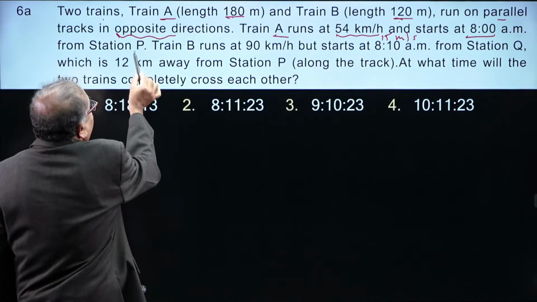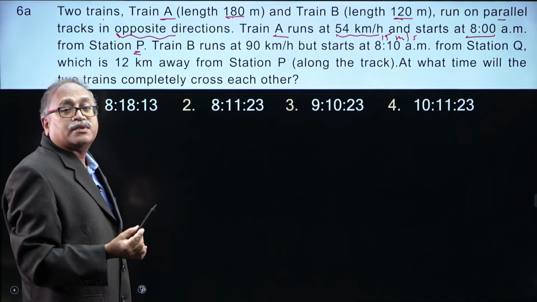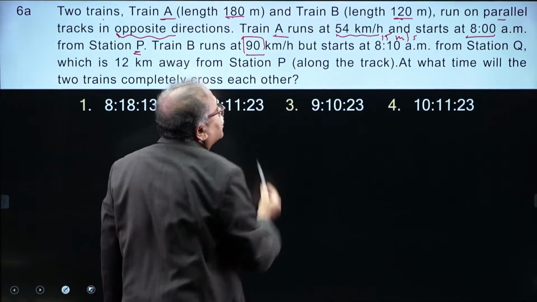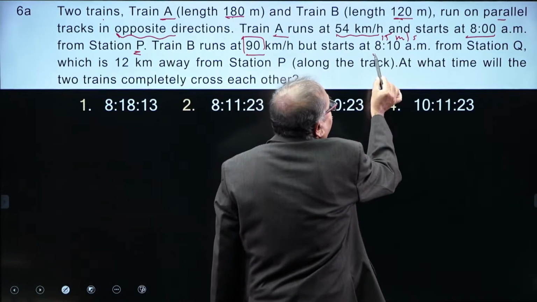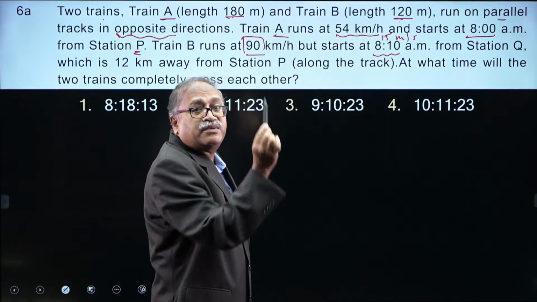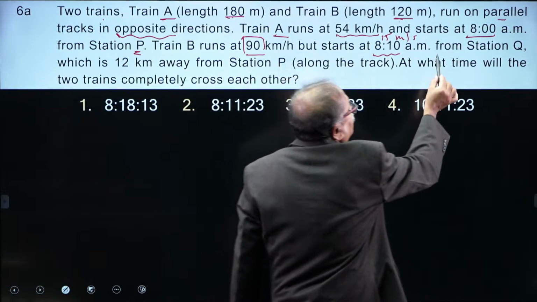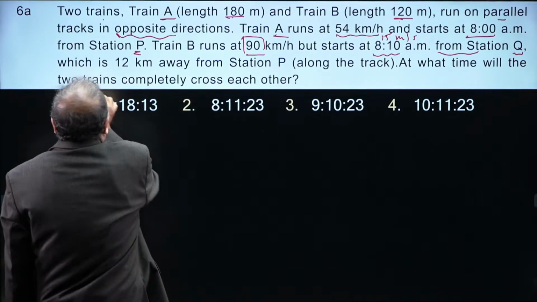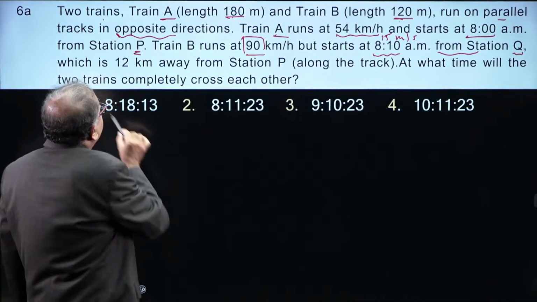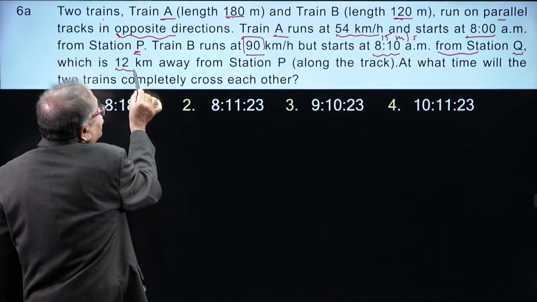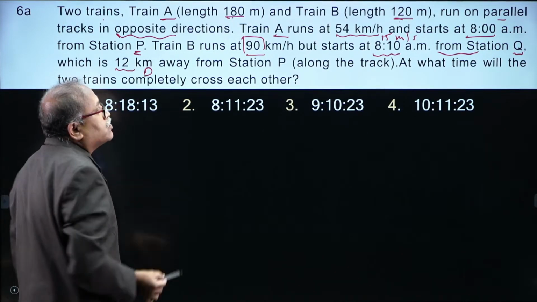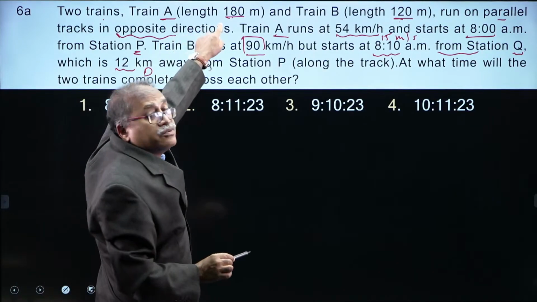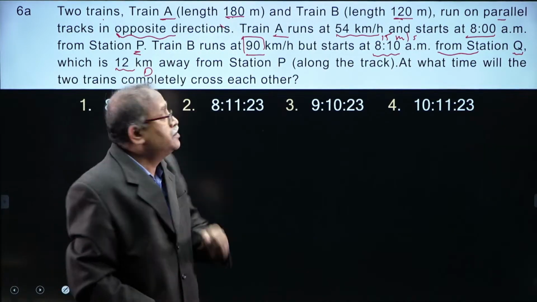The train starts at 8 a.m. from station P. Train B runs at a speed of 90 km per hour, starts at 8:10, after 10 minutes, from station Q, another station, which is 12 km away. The distance is 12 km, whereas the length of the trains is given in meters.